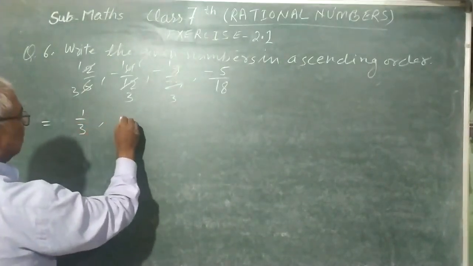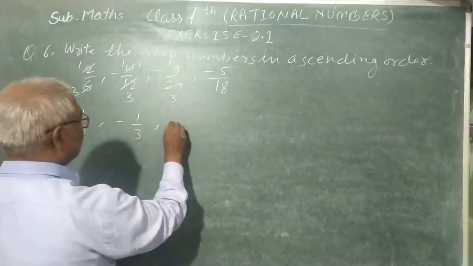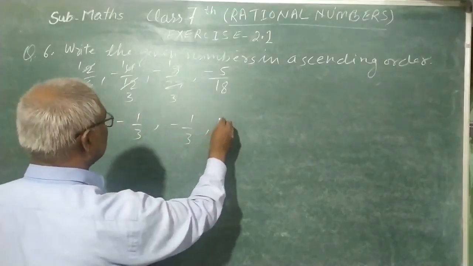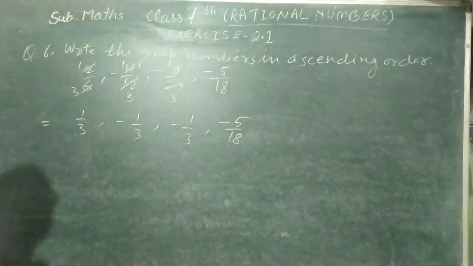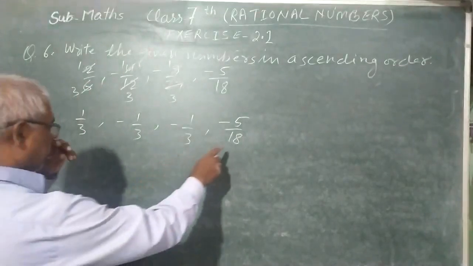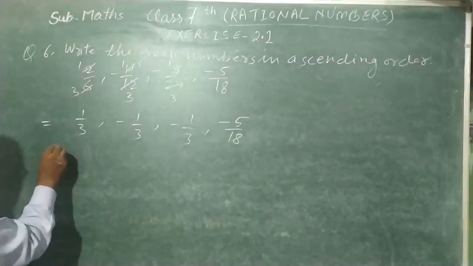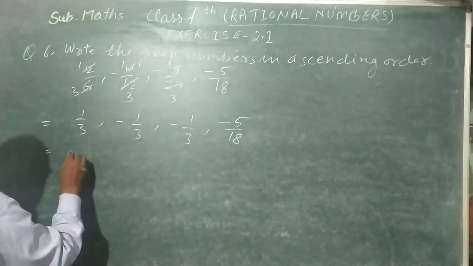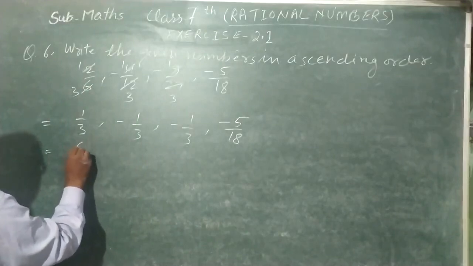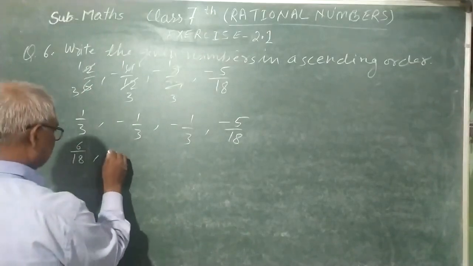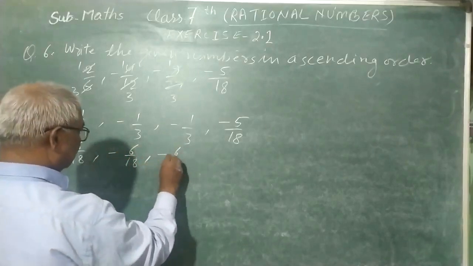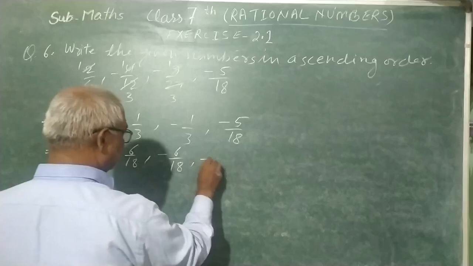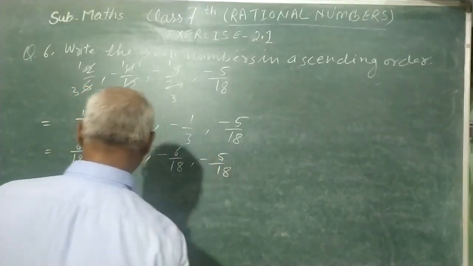It becomes minus 1/3, and here is minus 1/3, and here is minus 5/18. What happens now? We have to make the denominators the same. So multiply by 6. So it is 6/18, and it is minus 6/18, and it is minus 6/18, and here is minus 5/18.